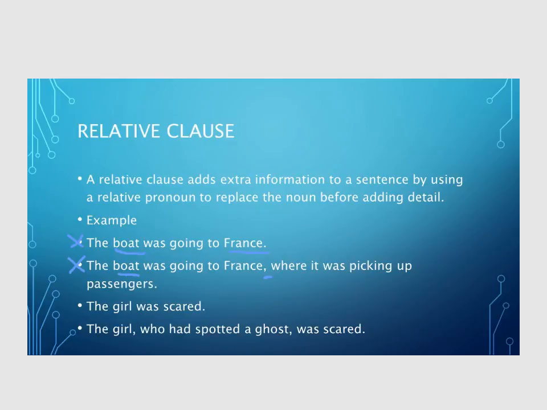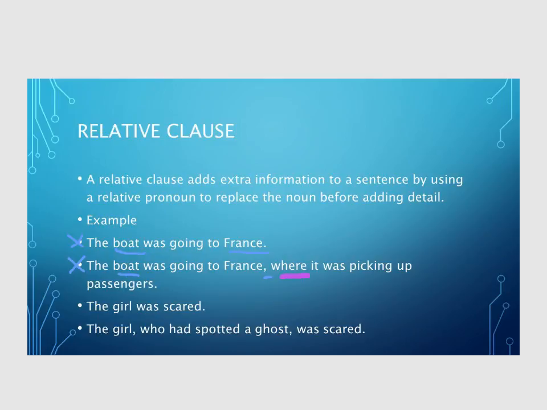And the relative pronoun that I've used is where. Okay, so I've said the boat was going to France, comma, where it was picking up passengers. Got my original sentence, used a comma instead of a full stop, used one of my relative pronouns and added on more information. That's one way we can use the relative clause.